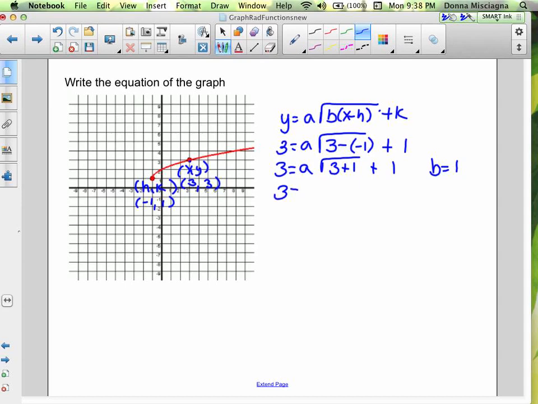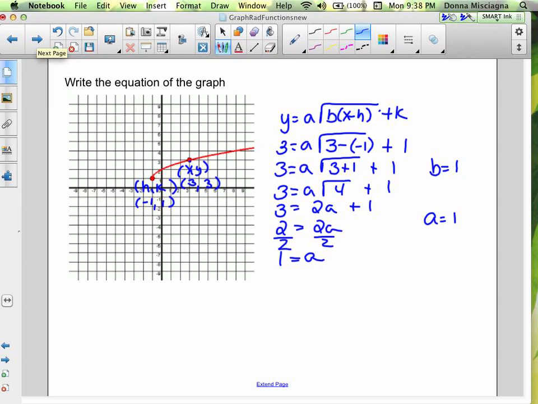So this is 3 equals a times the square root of 4. Square root of 4 is 2, so that's 2a. Subtract 1 from both sides, 2 is 2a. If we divide by 2, 1 is equal to a. So not only is b equal to 1, a was equal to 1 as well.